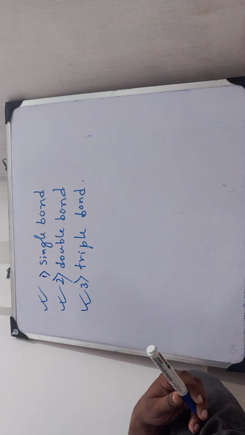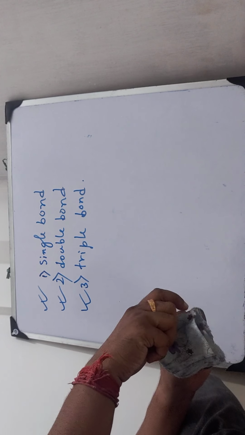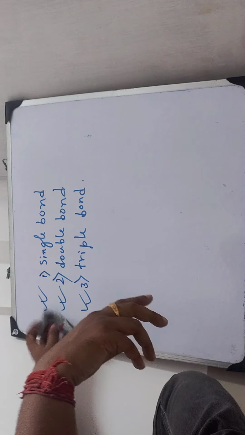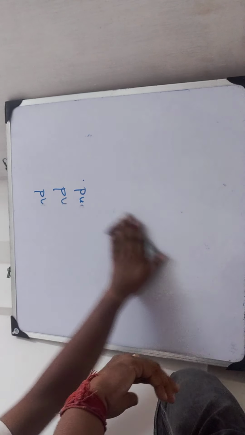Okay. Now today we shall start the chapter from the first topic, that is structural representation of organic compounds. So how can we represent a compound which is organic in nature?